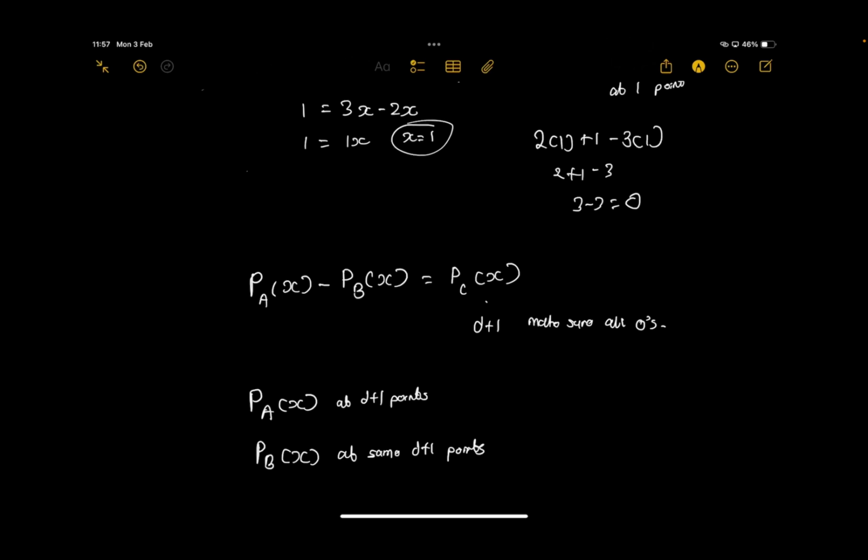If they are all equal, then the two polynomials are the same. This is the same thing we're trying to achieve by subtracting. Exactly the same thing.